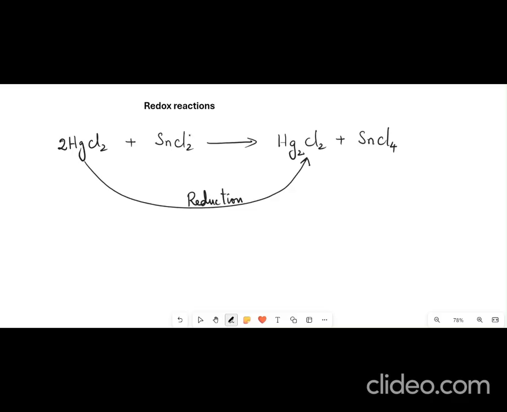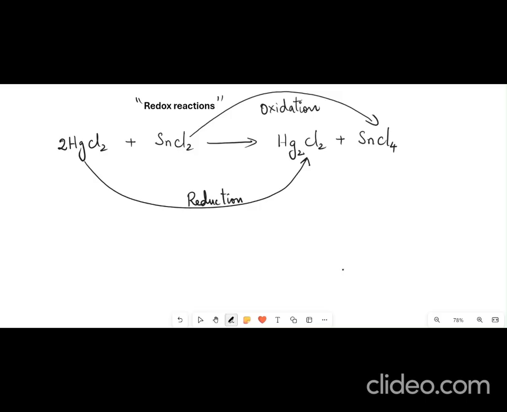SnCl2 is converted to SnCl4, that is addition of an electronegative element, which is oxidation. So in this reaction, one is reduced and the other one is oxidized. Such reactions are called redox reactions.